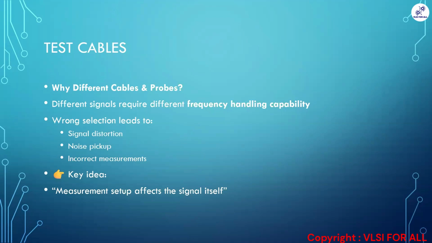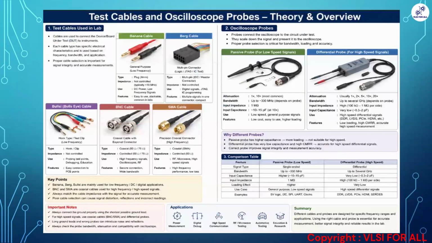If you select the wrong cable, it will distort the signal and noise will add into that signal, and we'll be taking incorrect measurements. So we always have to keep in mind to use the correct cables and correct probes, because this will affect the signal if you are using the wrong cables or wrong probes.